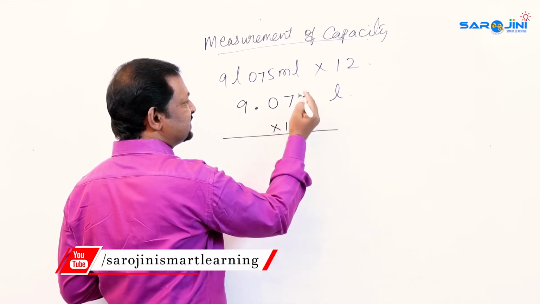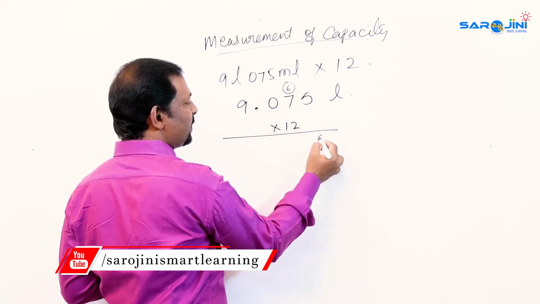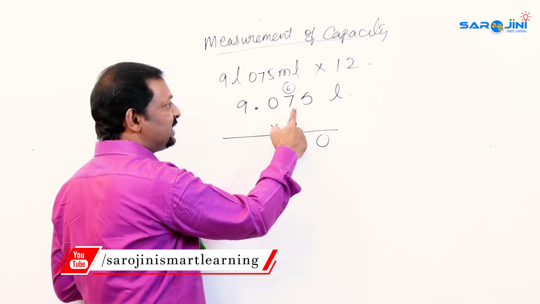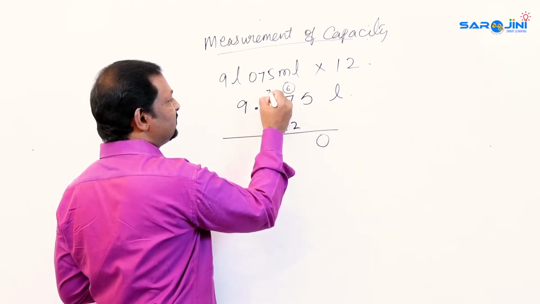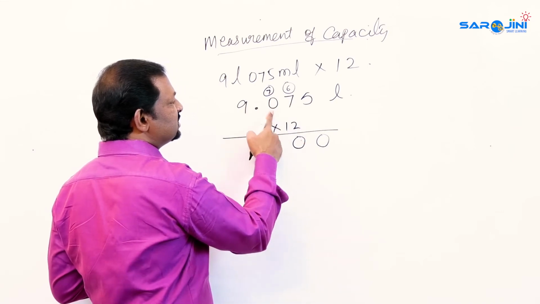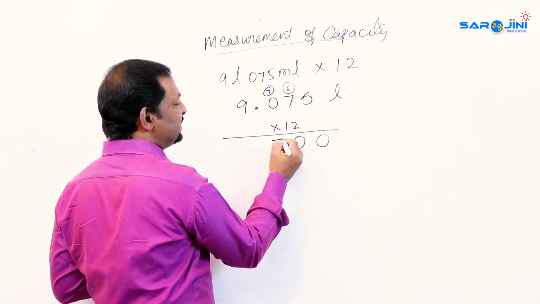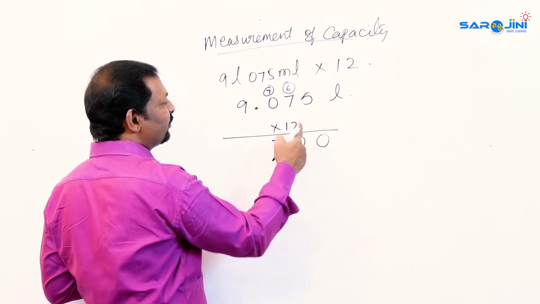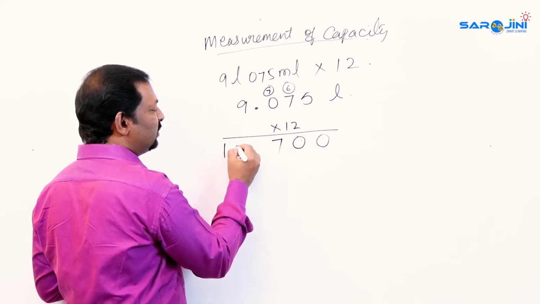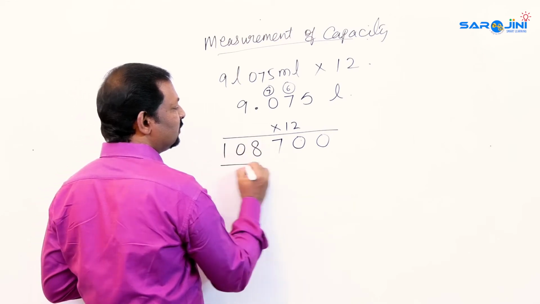12 5s are 66, 0. 12 7s are 84. 84 plus 6, 70, 70. So 12 zeros are 0 plus 7, that is 7. And 12 9s are 108.